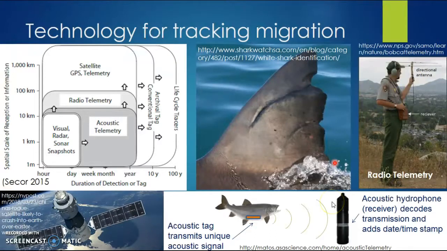Another type of tracking is acoustic tagging, which transmits unique acoustic signals to a hydrophone receiver that decodes the transmission and gives it a time and date stamp to allow us to view it. Next, we're going to talk about the satellite. The satellite is used from far away to look at where these organisms are traveling to using tags and other types of things.